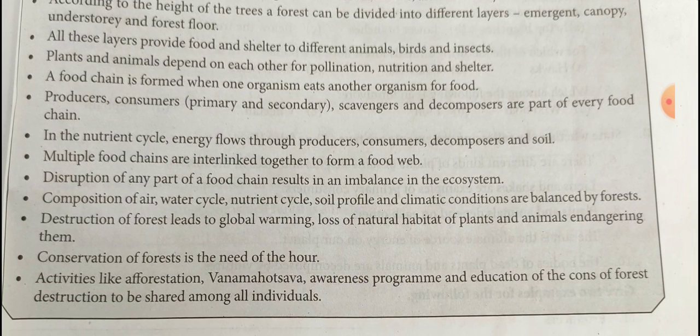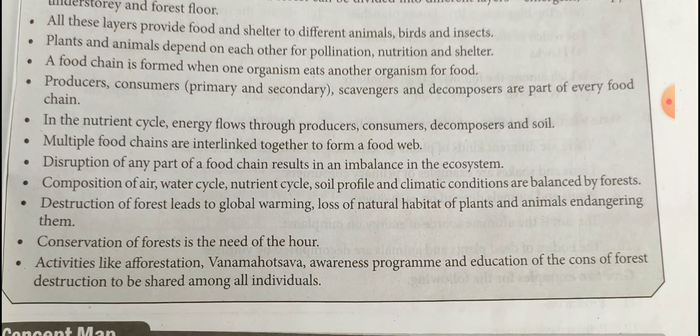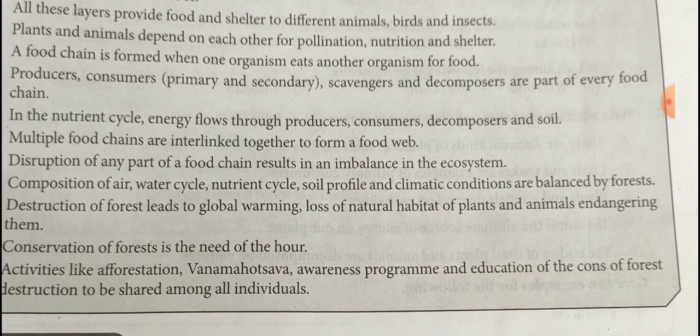Next, in the nutrient cycle, energy flows through producers, consumers, decomposers, and soil. Multiple food chains are interlinked together to form a food web. Disruption of any part of a food chain results in an imbalance in the ecosystem.